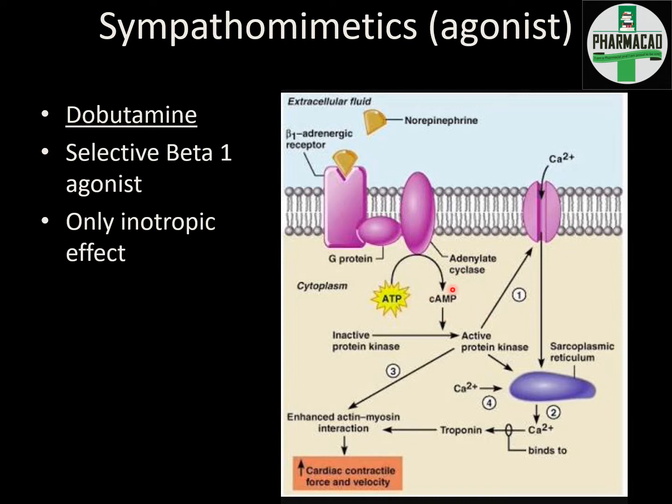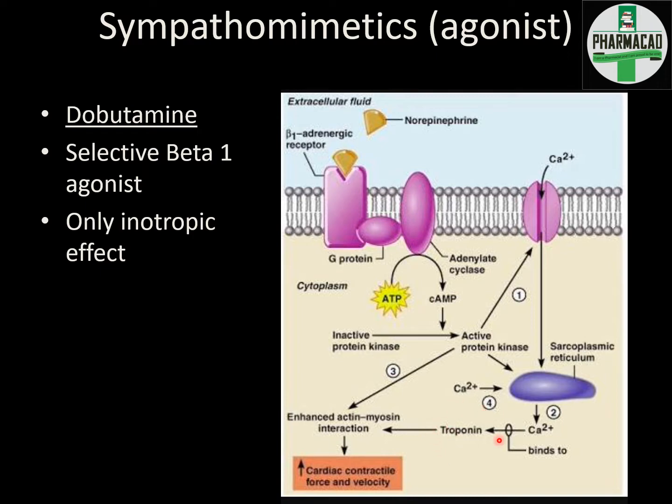Now inside the cardiac cells, cAMP activates protein kinase enzyme, which further increases release of intracellular calcium from sarcoplasmic reticulum. Now, the more calcium is released, it activates more contractile protein of cardiac cells, that is troponin.